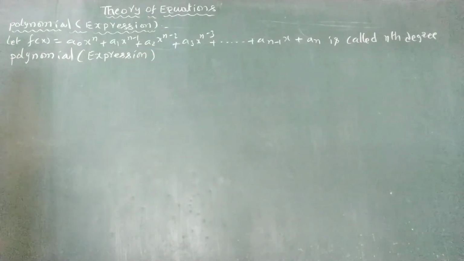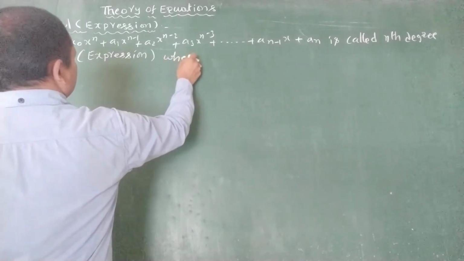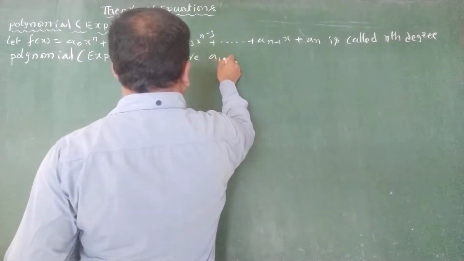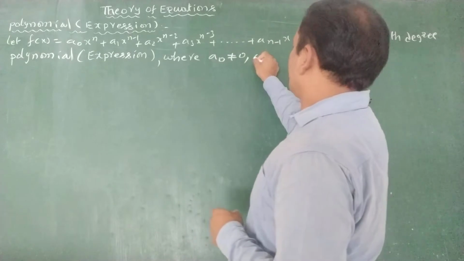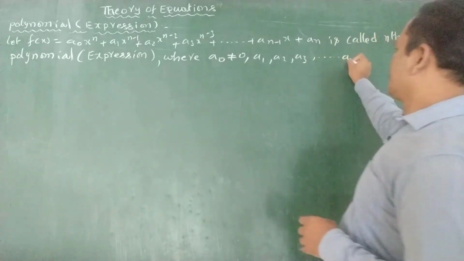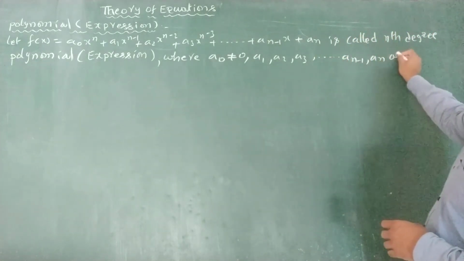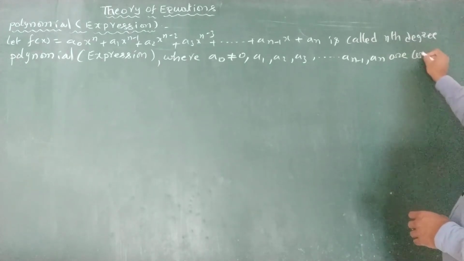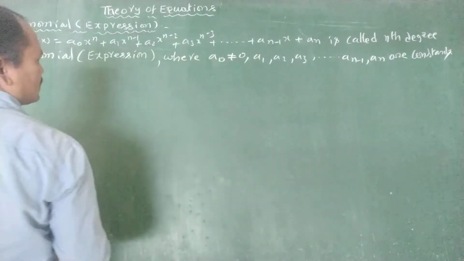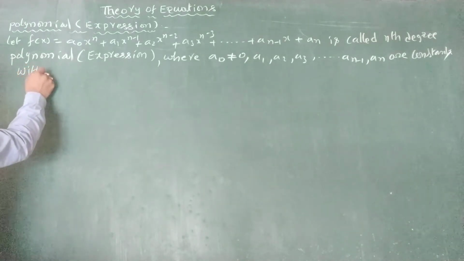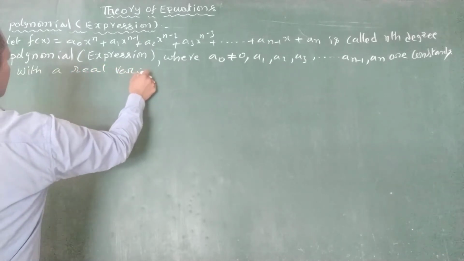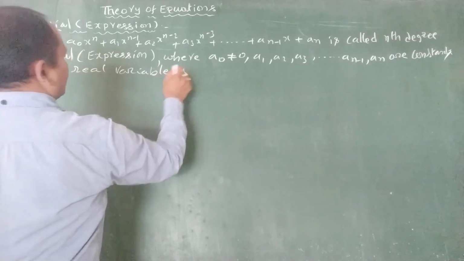Are you clear? Where a naught not equal to 0, a1, a2, a3, so on, an minus 1, an are constants, with a real variable x.